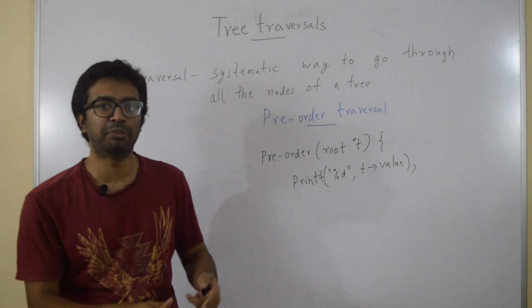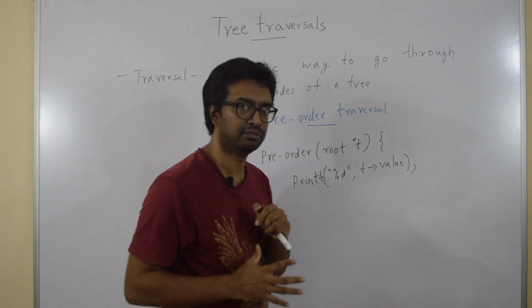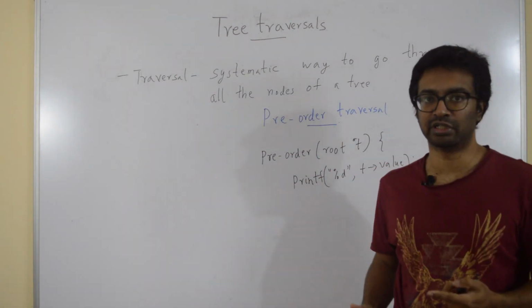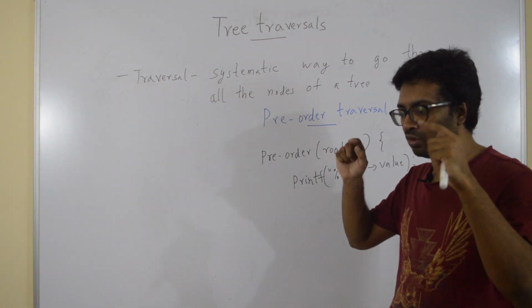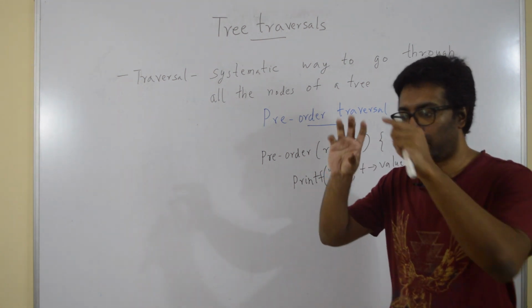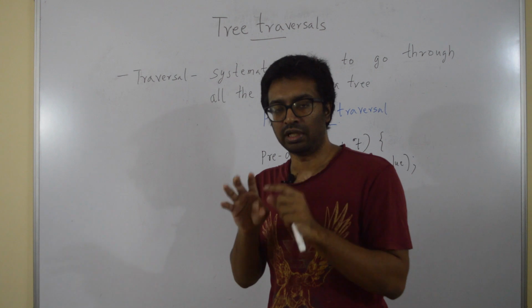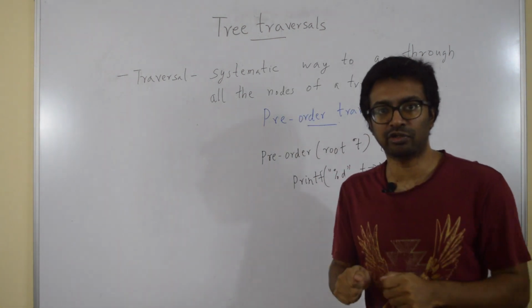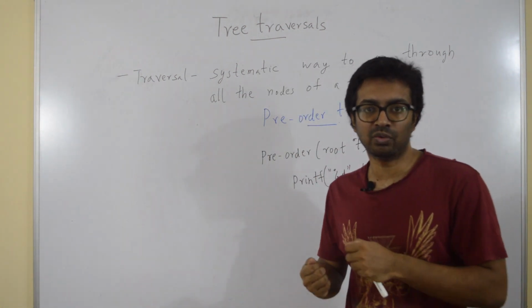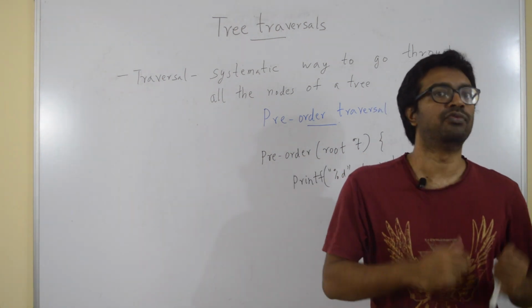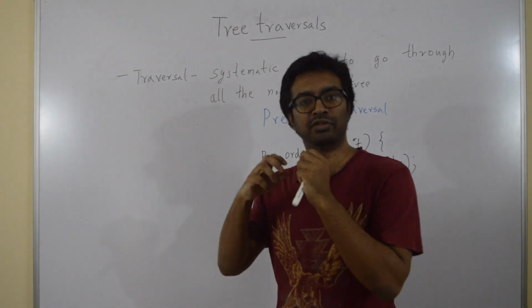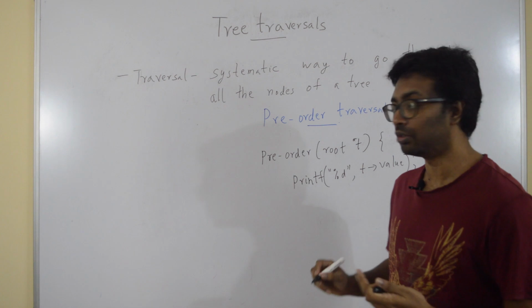So I have to do a pre-order traversal on the left subtree, right? So that's how you have to think recursively. If I have to do a pre-order traversal on a node, the idea is that I print the value at that node and then I recursively do a pre-order traversal on its left subtree followed by a pre-order traversal on the right subtree. So it's simple to write it.